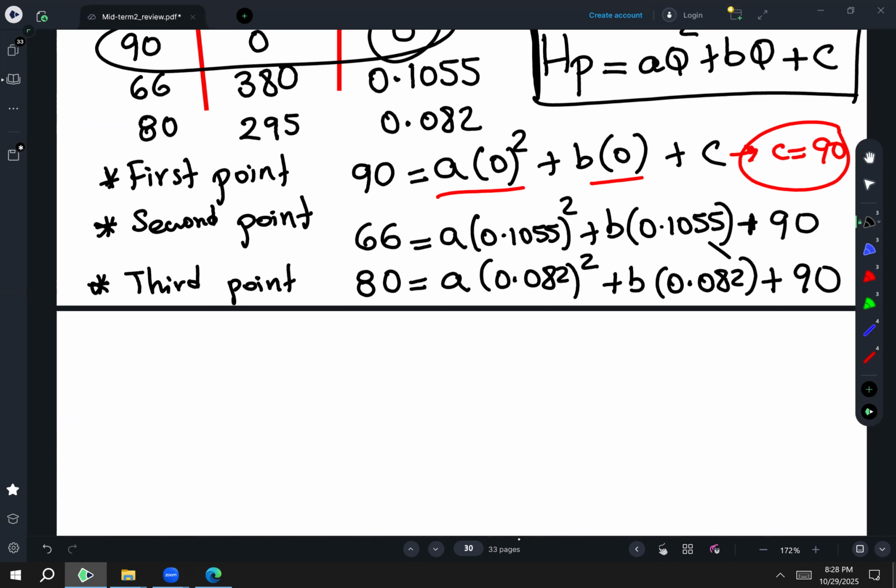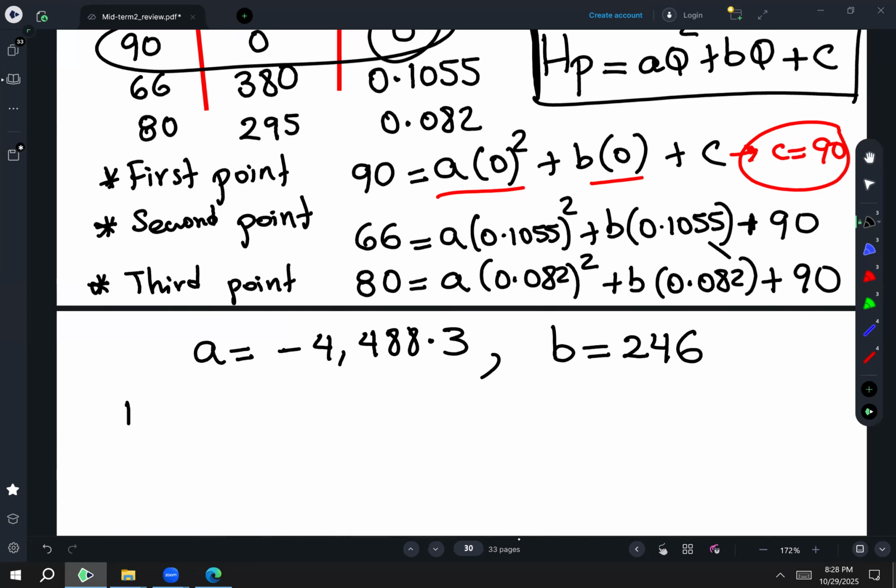From here, the value of A is going to be minus 4,488.3, and the value of B is equal to 246.